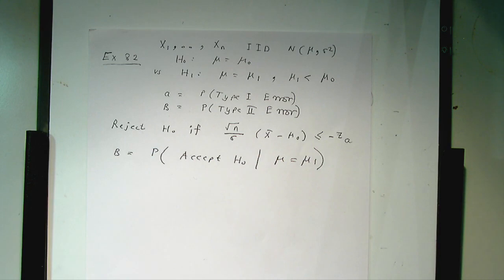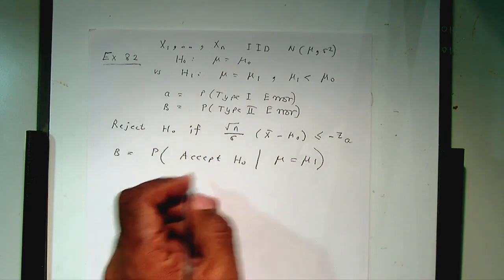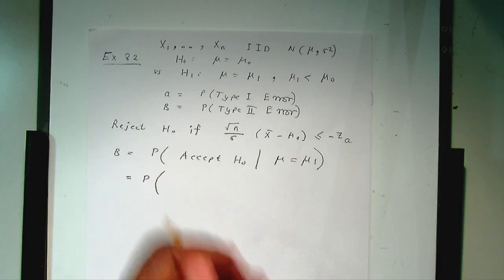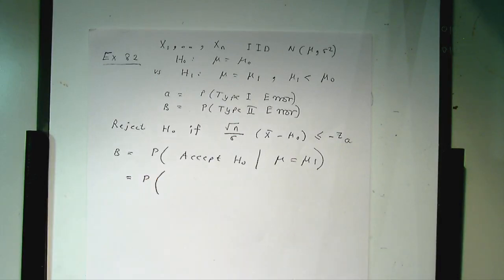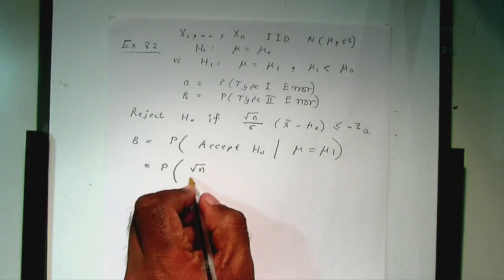I know it's been a while, but type 2 error is the probability of accepting the null hypothesis when H1 is true. This is H1, this is accepting. So this is the probability that accepting is the complement of rejecting. So this would be root n.